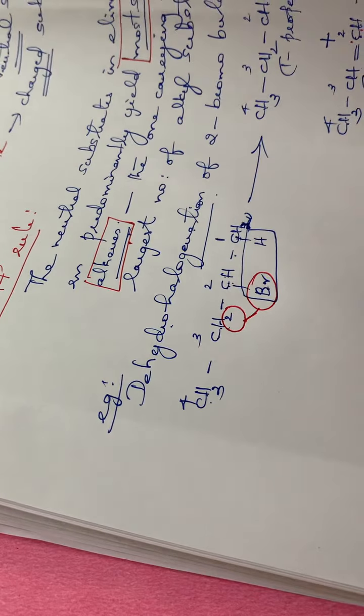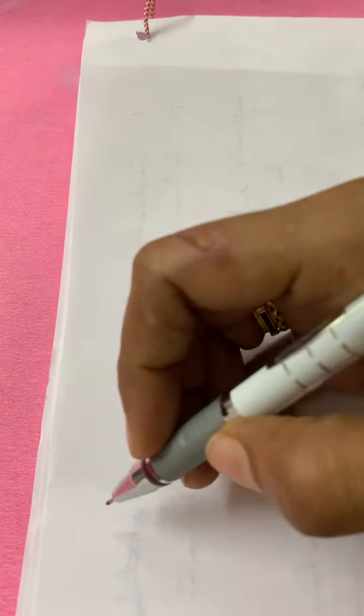Then next we can write one more example for Hofmann's elimination. One more example is also given in your textbook. Second example.